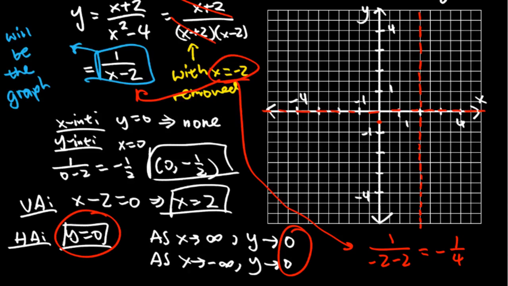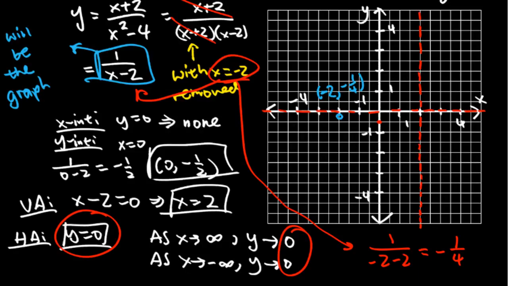So if this is the x and this is the y, then we have a removable discontinuity at -2, comma, -1/4. I'll do it in blue. So there, I'm going to label the point -2, comma, -1/4, and then do the graph in white.